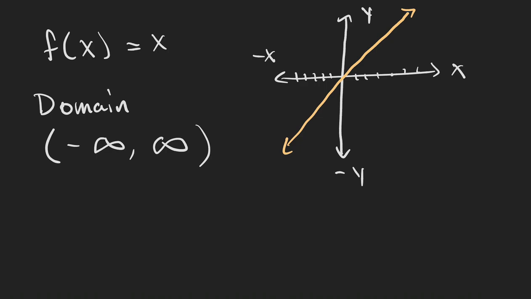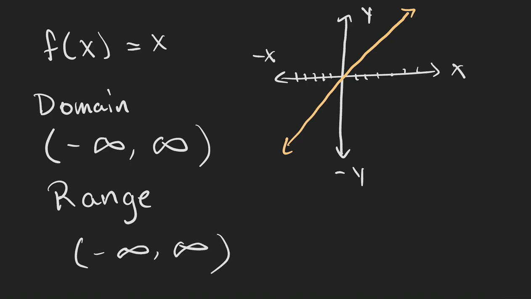We have no restrictions on our x at all. And since our y and our x are identical, that also means that our range is also going to span from negative infinity to positive infinity.